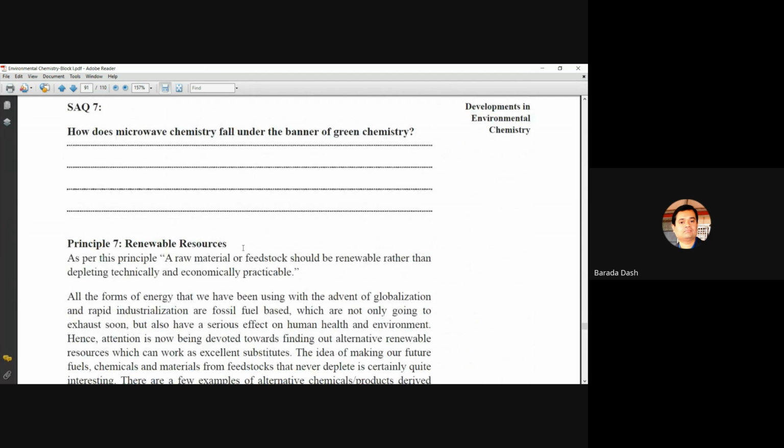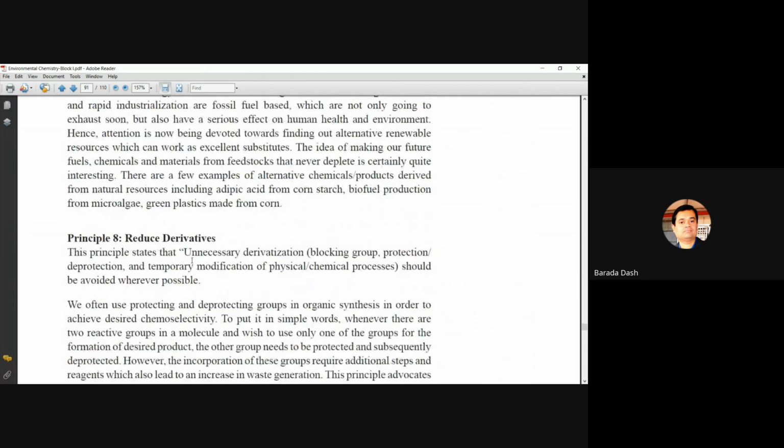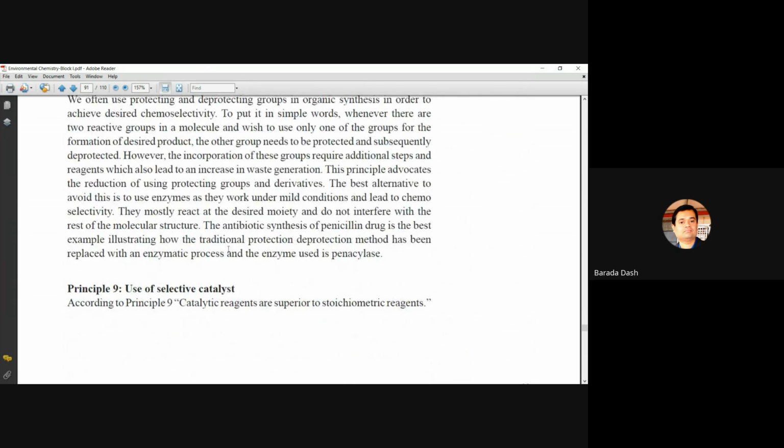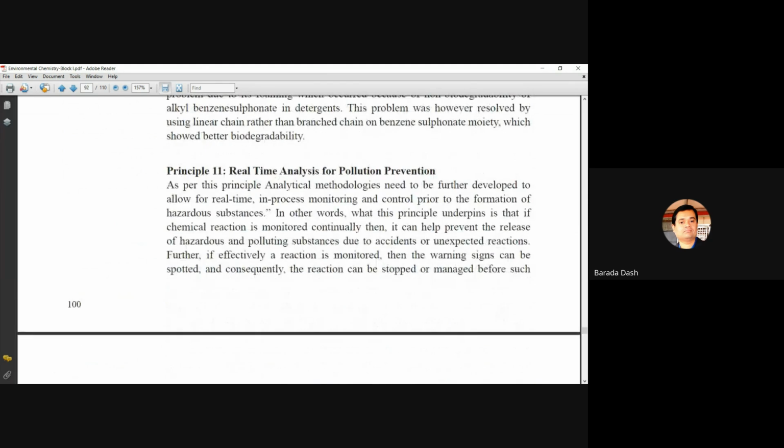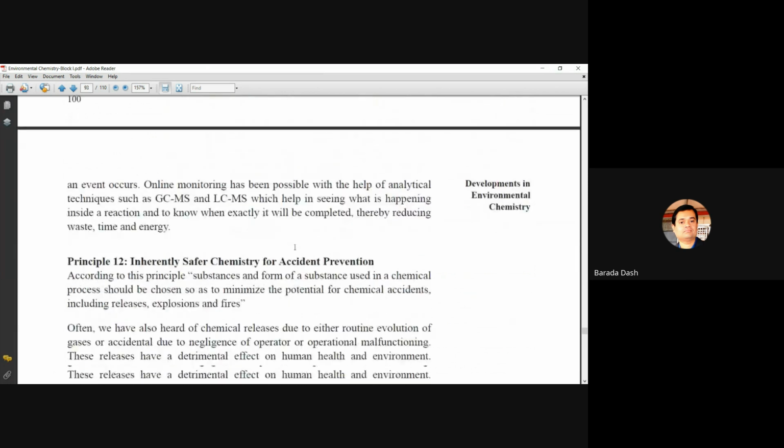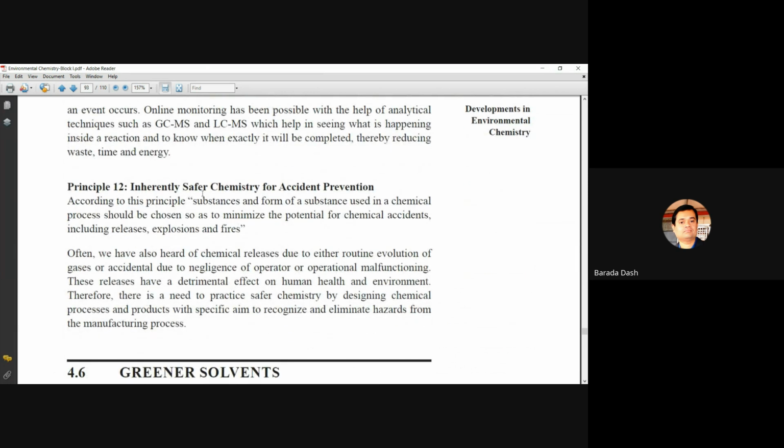Seventh, renewable resources. Eighth, reduce derivatives. Ninth, use of selective catalysts. Tenth, design for degradation. Eleventh, real-time analysis for pollution prevention. Twelfth, inherently safer chemistry for accident prevention.